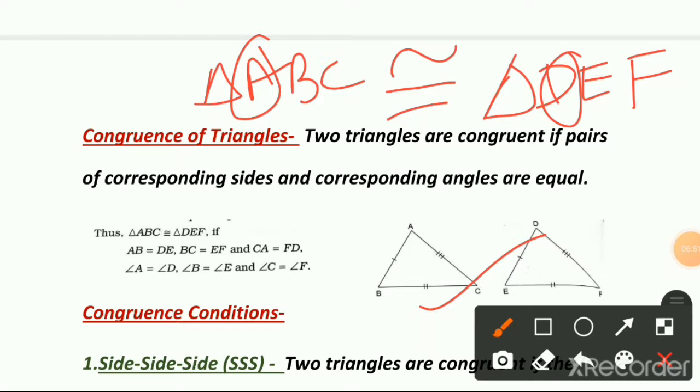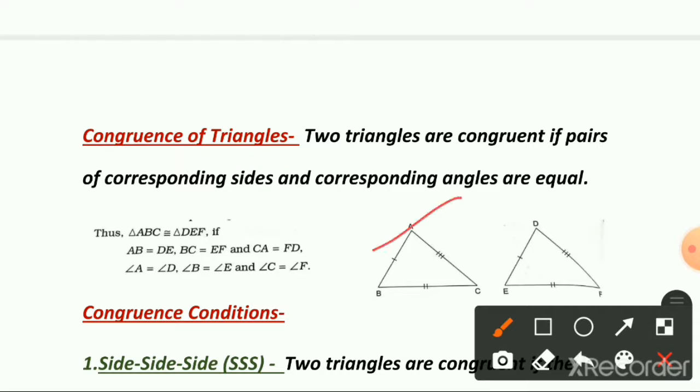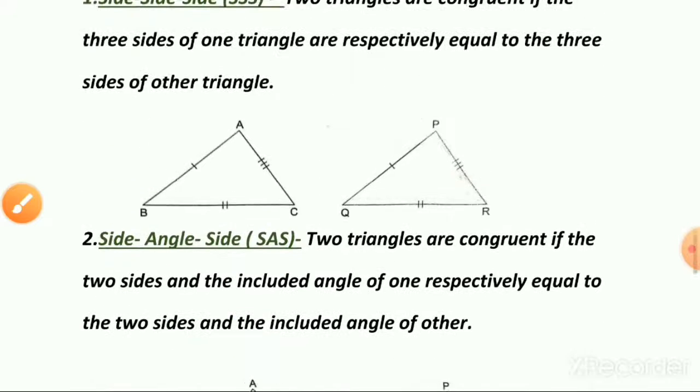So if we look at the order, A corresponds to D, B corresponds to E, and C corresponds to F. So these two triangles are congruent because their three angles are equal and three sides are equal to the corresponding three sides. So these are the matching parts.